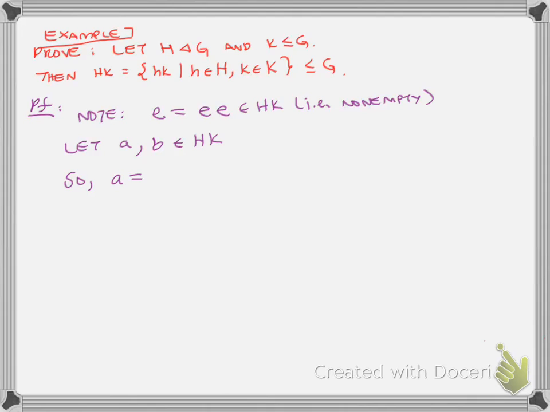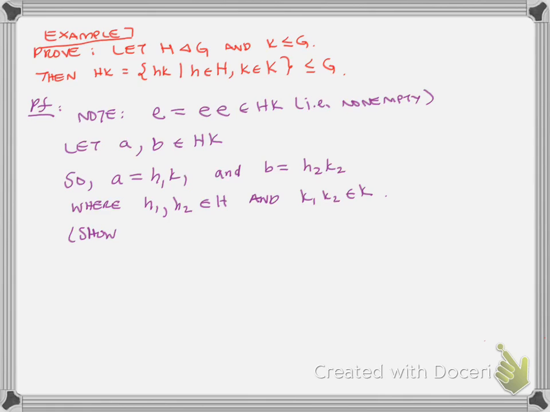So we're going to rewrite a as h1k1 and b as h2k2, where h1, h2 belong to H and k1, k2 belong to K. Now we're going to show that ab inverse needs to belong to HK.